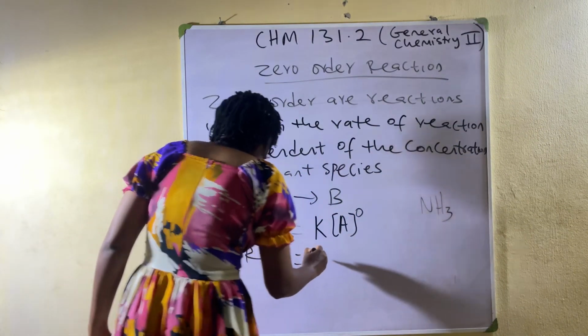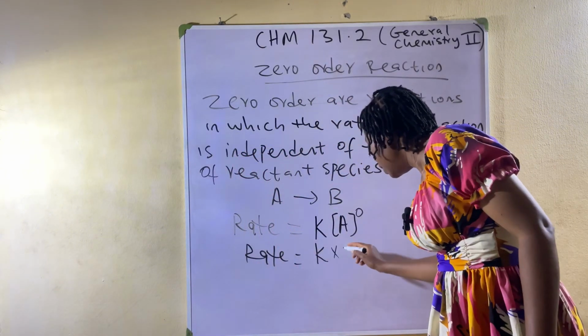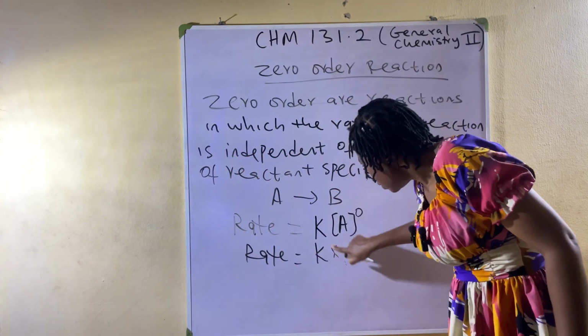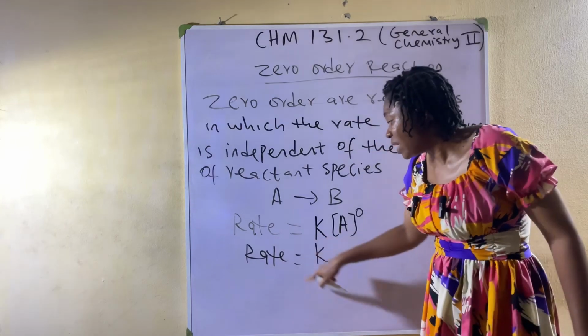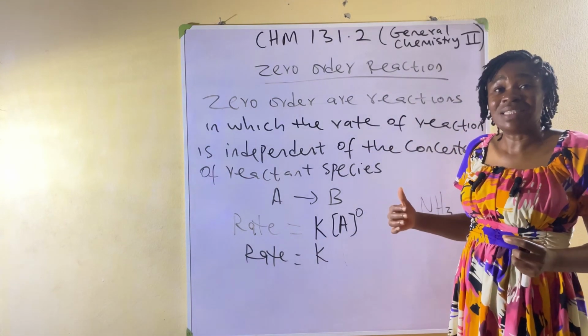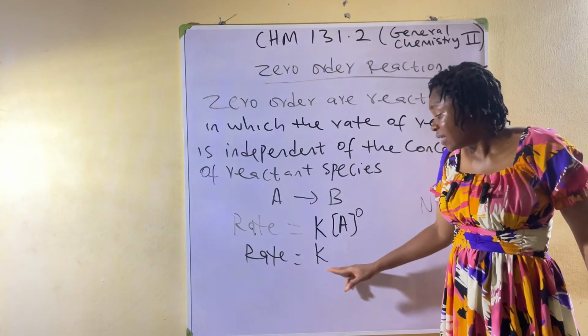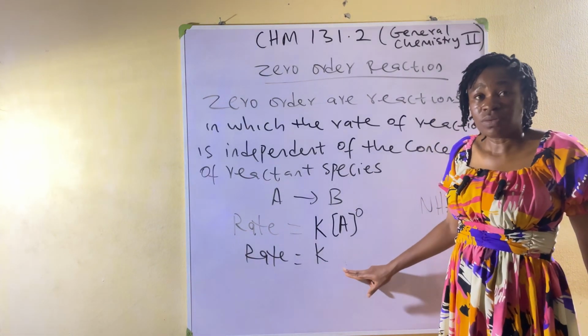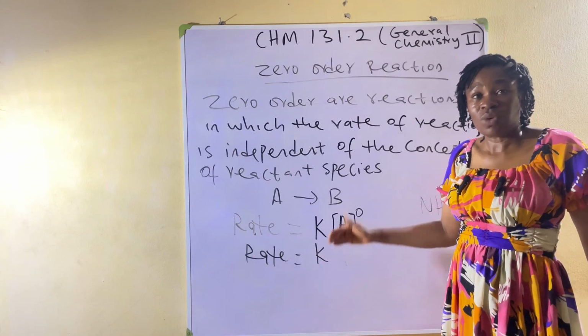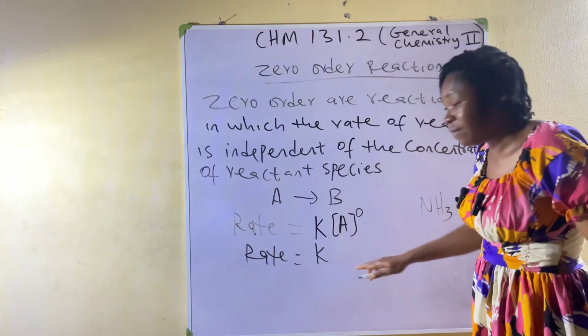Anything raised to the power 0 is equal to 1. So it means that the rate of reaction is equal to the rate constant. So zero order reaction rate is equal to the rate constant.